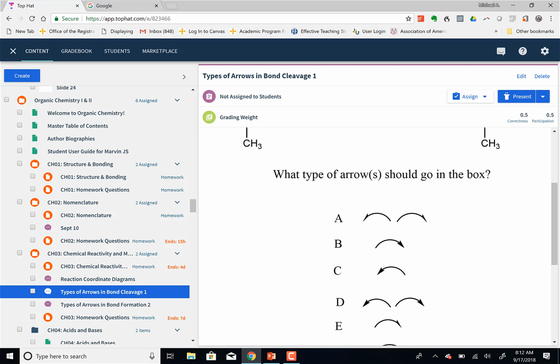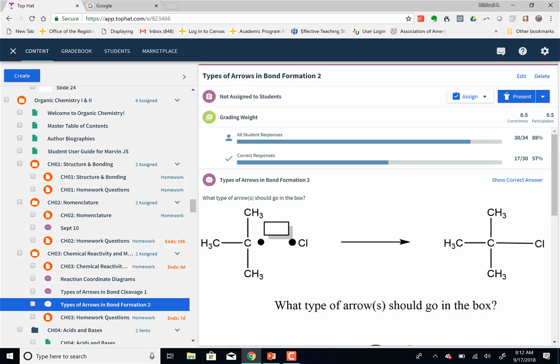And then number 3, I'm now going to form a bond from two species that have unpaired electrons. And so what kind of arrow do I show to form the carbon-chlorine bond from that?